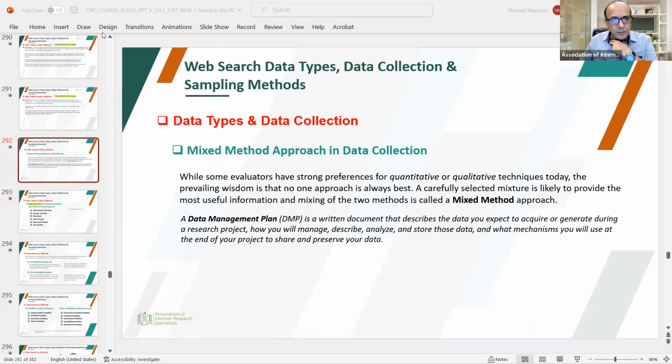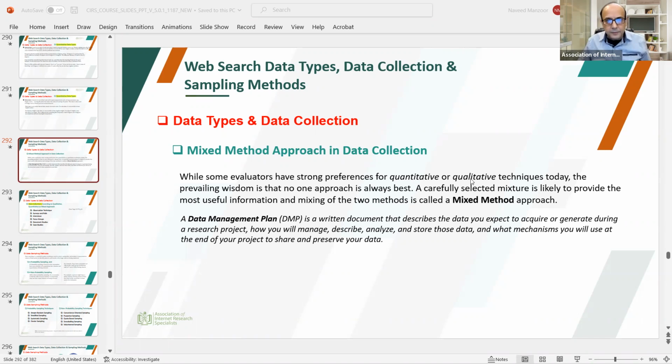Now, there is something that we call mixed method of obtaining both data types, something that is quantitative and qualitative. So there are mixed techniques.